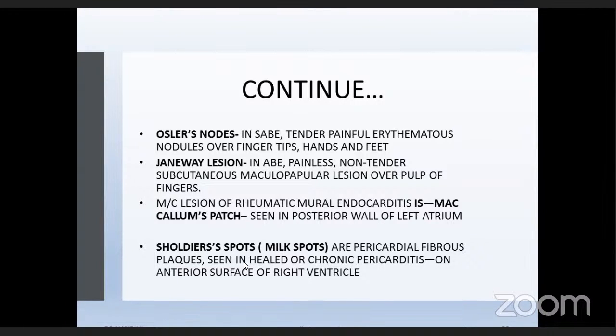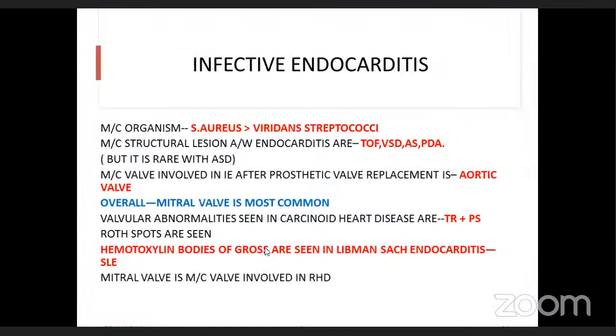This fibrosis is milky, so you call them milk spots or soldier spots. Where do you see them? On the anterior surface of the right ventricle. Remember, the location is very important. MacCallum's patch: posterior wall, left atrium. Milk spots: anterior surface, right ventricle. Okay, this was a new one, soldier spots and milk spots.